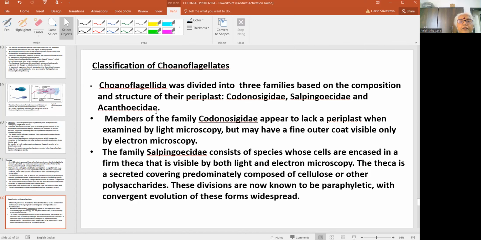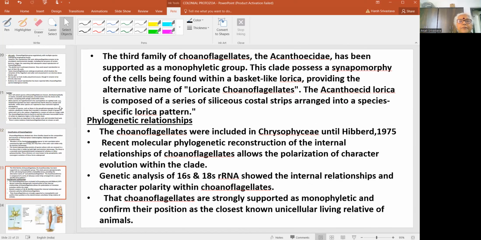The characteristic of this group is bearing a lorica-like structure, whereas the members of the Salpingoecidae family remain encircled with a thick theca-like structure that is also called a periplast. So this is the classification of the choanoflagellates, and then there is the phylogenetic relationship that we have already discussed when we were doing the colonial protists.